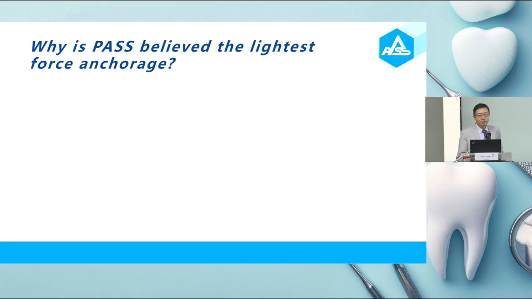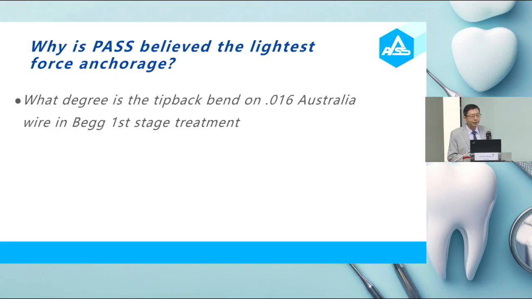Now let's compare PAS with other techniques, tip-back bend. For example, the Begg technique. Do you know what degree the tip-back bend is on 016 Australian wire in Begg first stage treatment? 30 degrees.